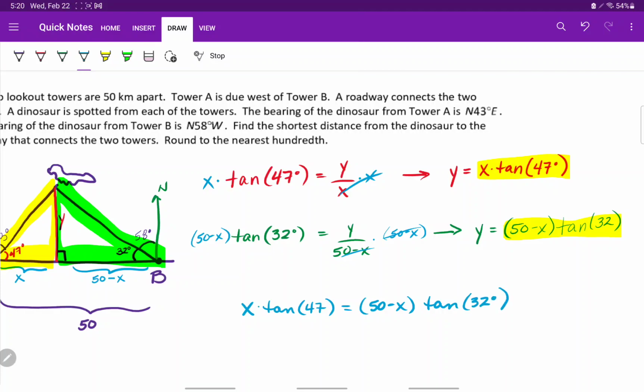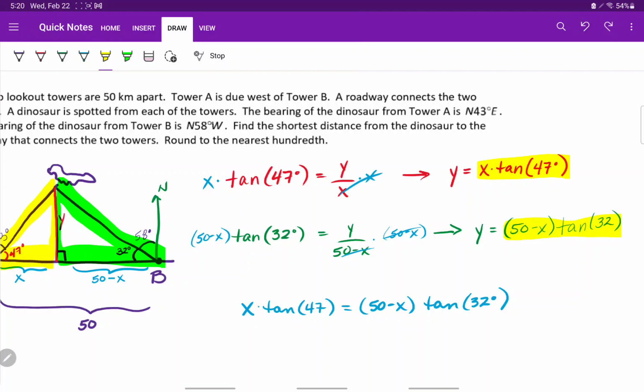And now we need to solve for x. So we have to think back to algebra. All right, the x I'm trying to solve for shows up in more than one place. We use the same technique when we learned how to solve by factoring in intermediate algebra. We use the same technique in college algebra when we solve logarithmic equations.